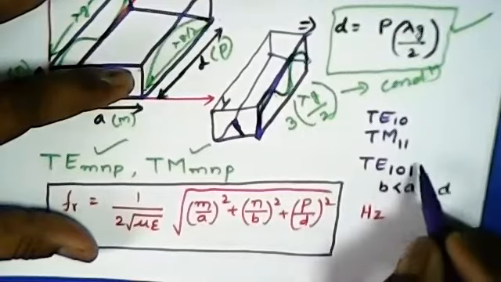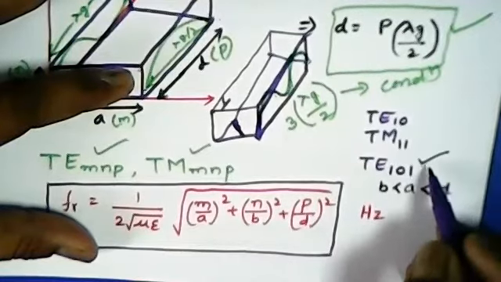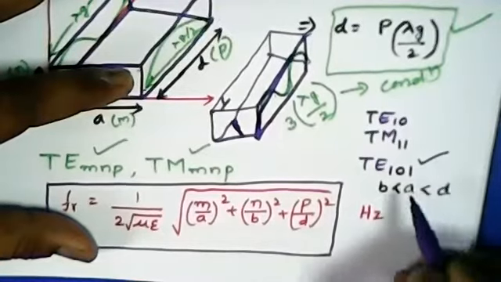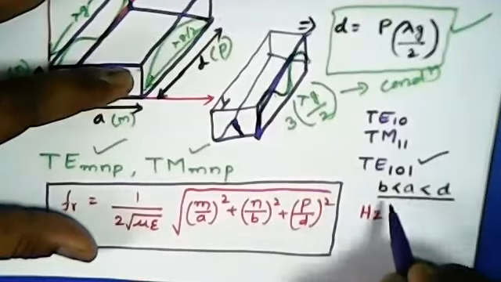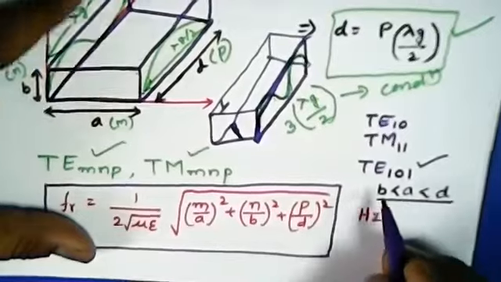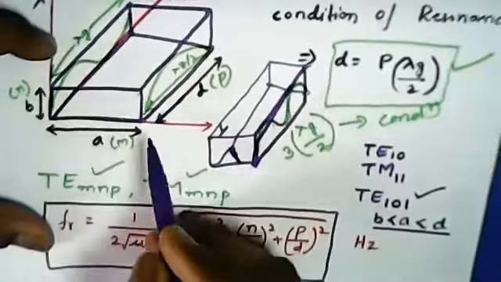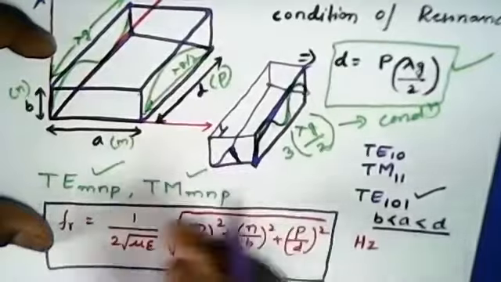TE101 is the dominant mode for the rectangular waveguide cavity resonators if it fulfills the condition. Normally, this condition is fulfilled because we want the rectangular cavity resonator to always satisfy this condition.